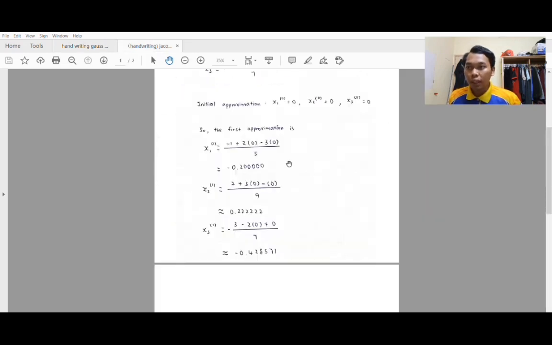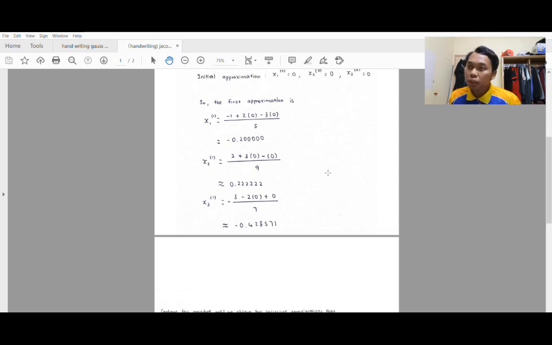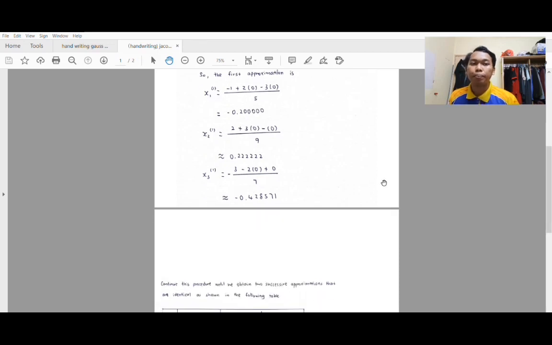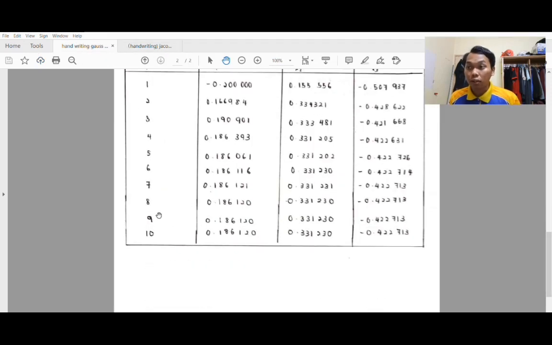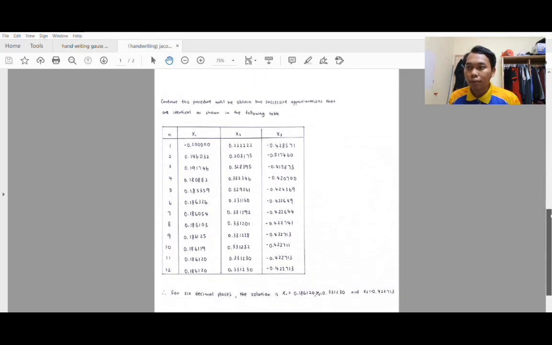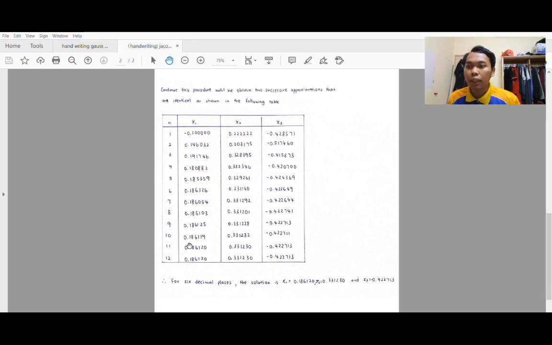For the Jacobi, we only use x1, x2, and x3 equal to 0 for all of the formulas to find x1, x2, and x3. Then we recalculate for n2, n3, and so on until it converges. For Gauss-Seidel, we find it converges starting at n equal to 8, and for Jacobi, it converges at n equal to 11.